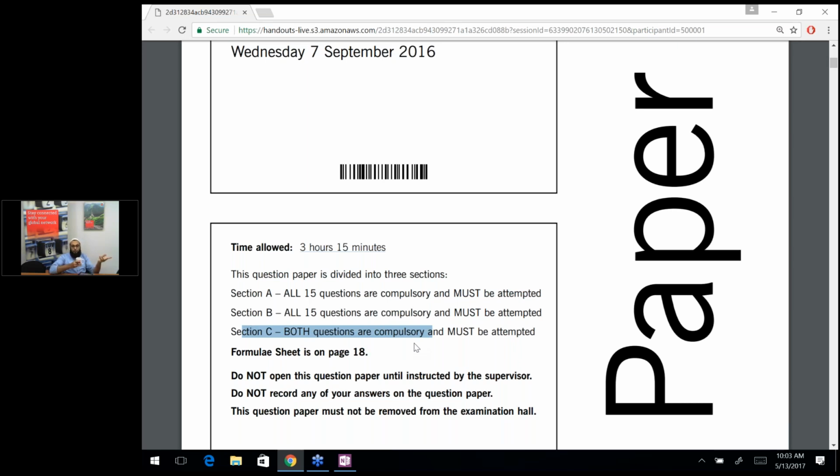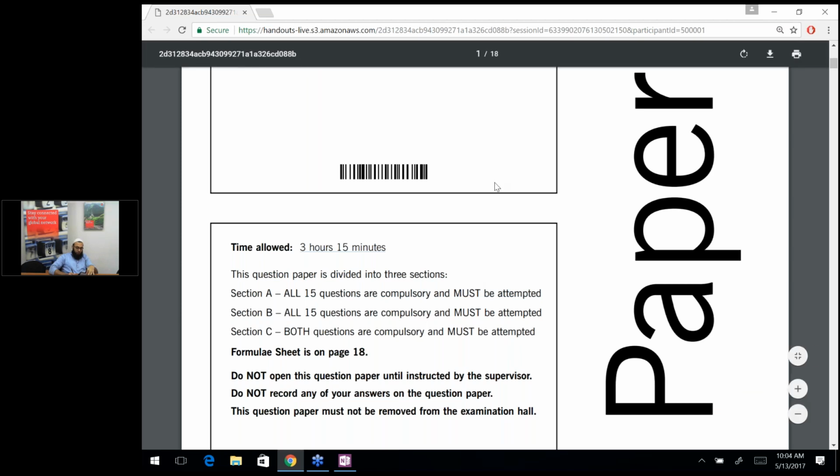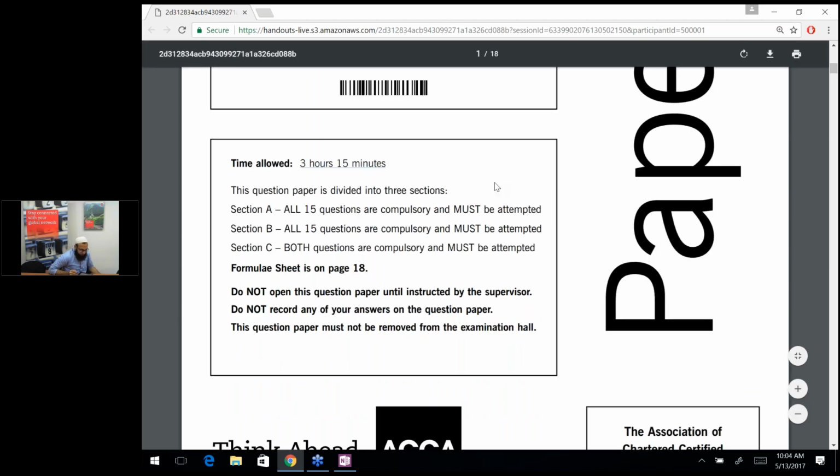So the entire paper is actually compulsory, you know. But 30 MCQs and 2 long questions. Got it? There is no planning time anymore, and it's just the 3 hours 15 minutes that you have to solve and do your paper.